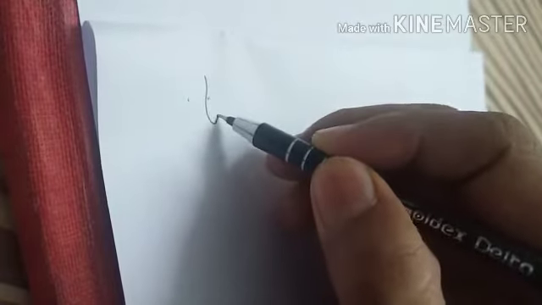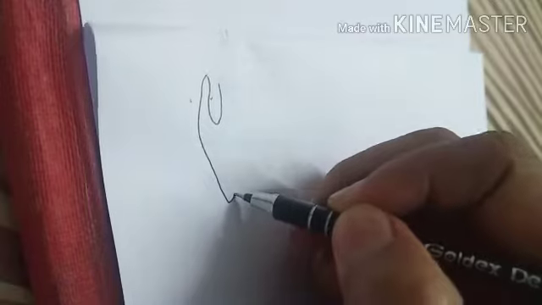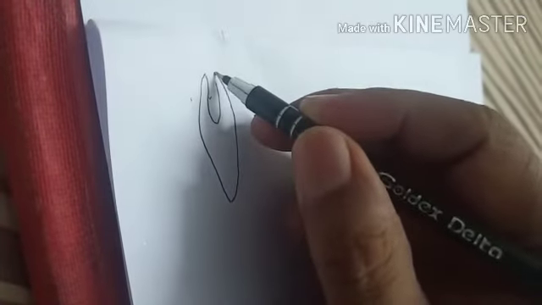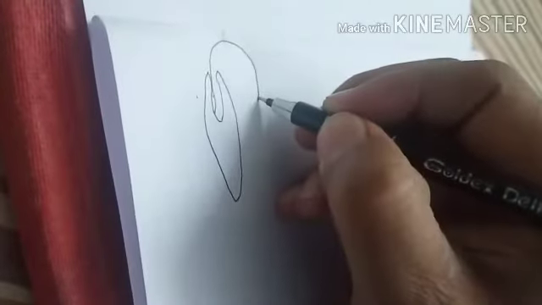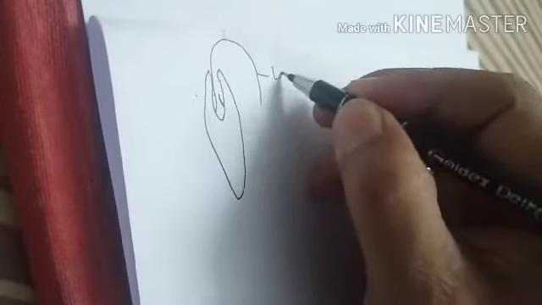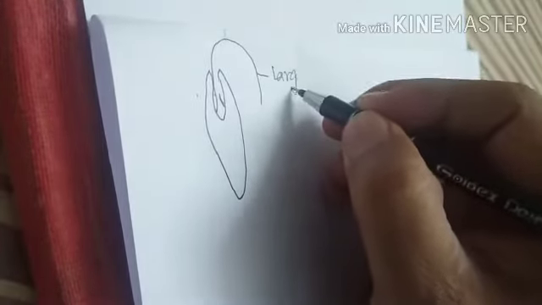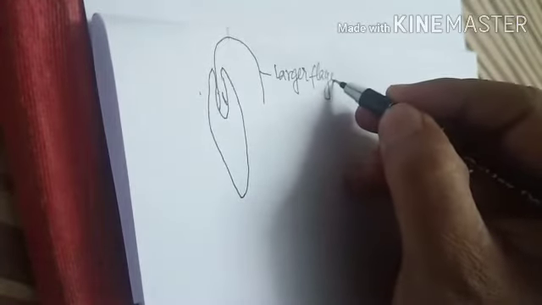Now let us see how longitudinal binary fission occurs in the case of euglena. This one is the euglena. Here is the oral groove, cytopharynx. Here are flagella, two in number. This one is the larger flagellum.